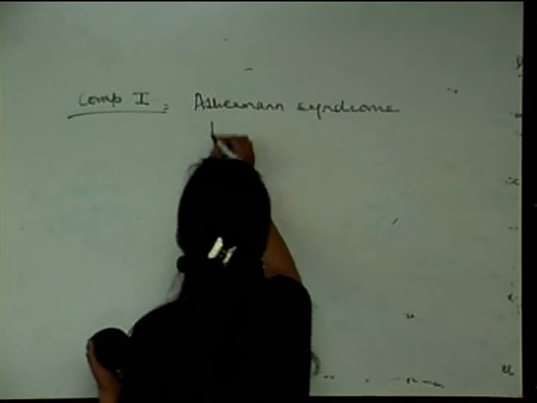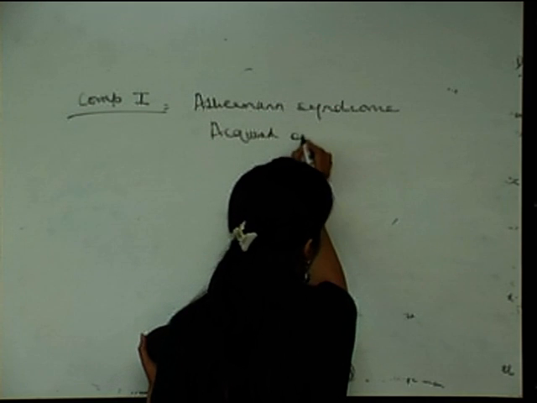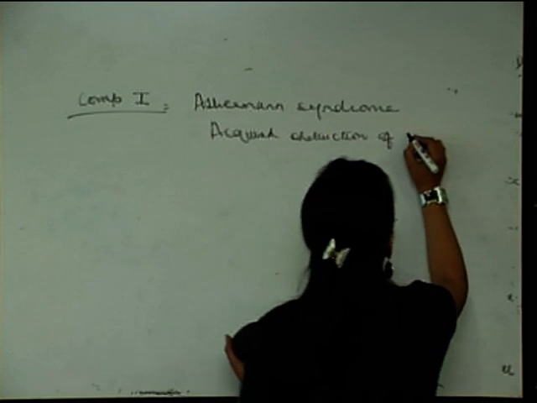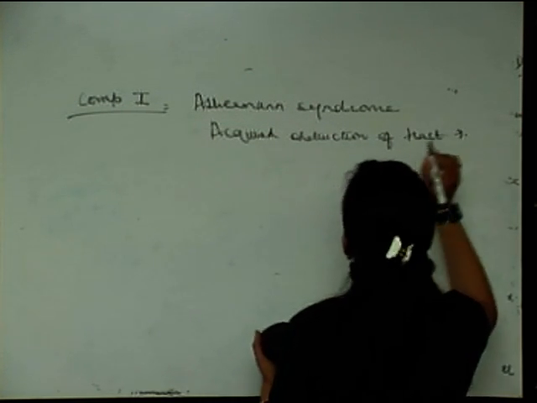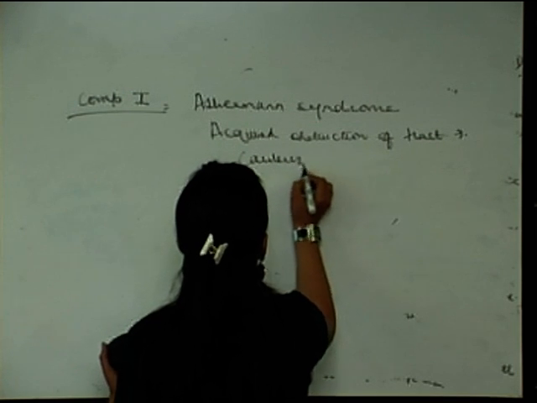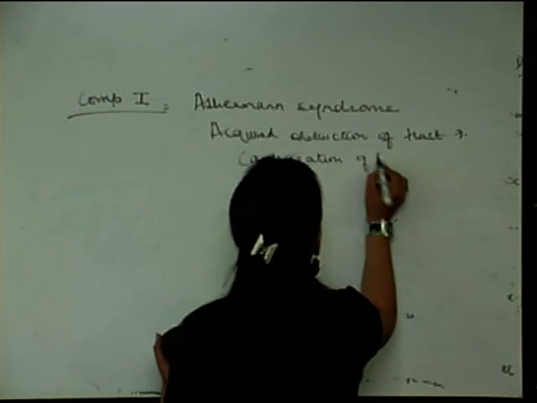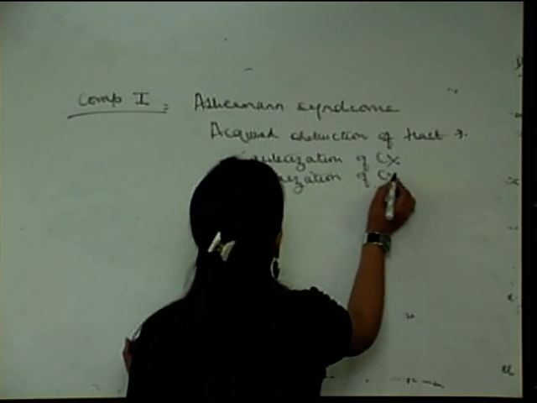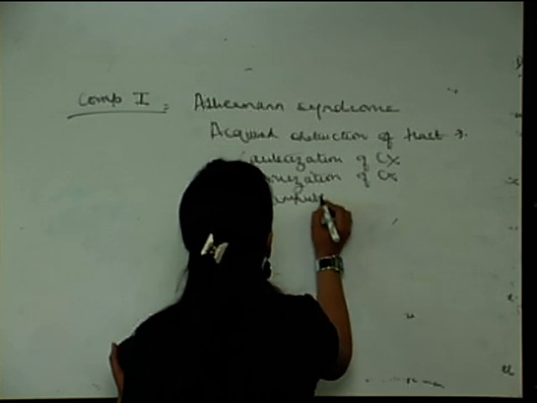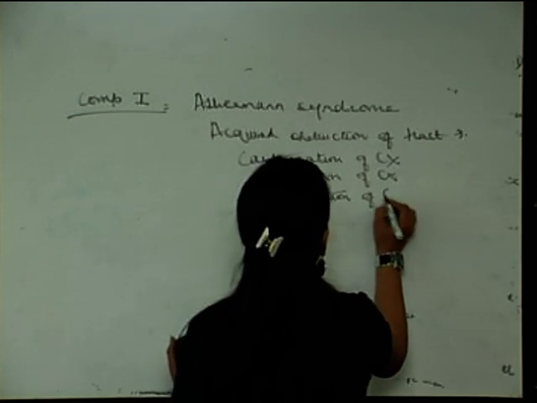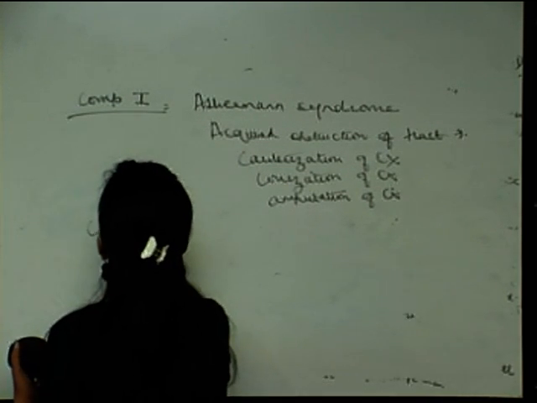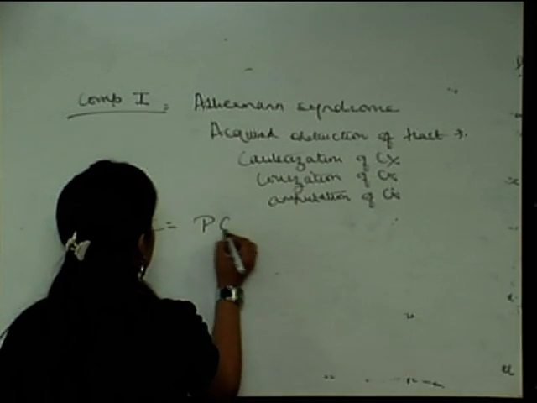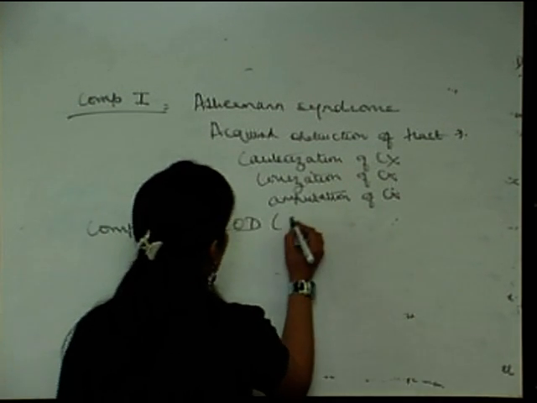Another cause could be acquired obstruction of the tract, as occurs in cauterization of cervix, conization of cervix, or amputation of cervix in Fothergill's operation. In compartment 2, the most important cause we need to know is polycystic ovarian disease, the details of which I'll be doing right now.